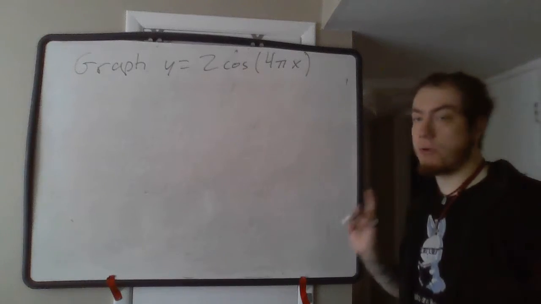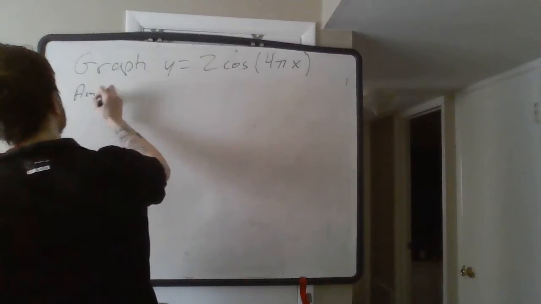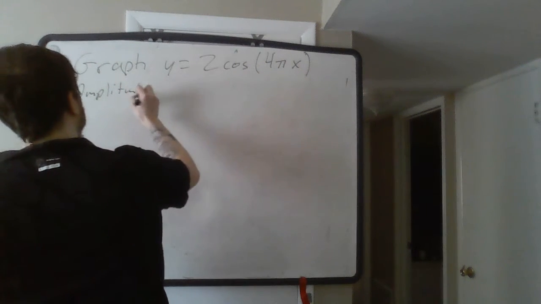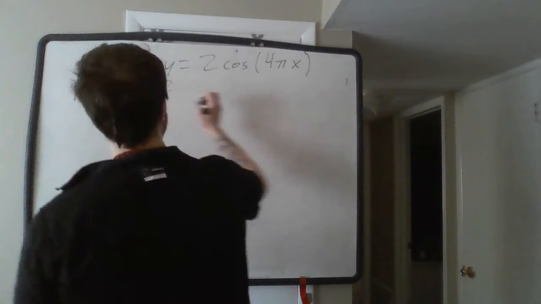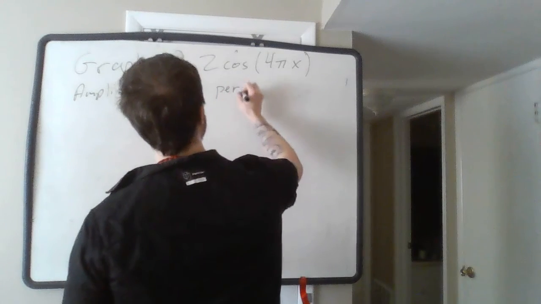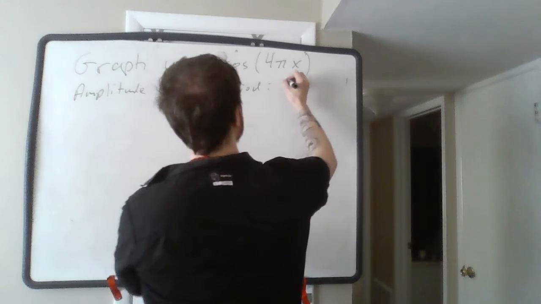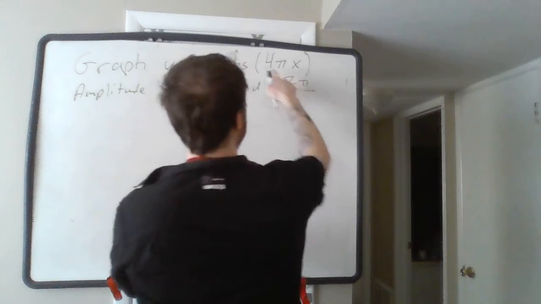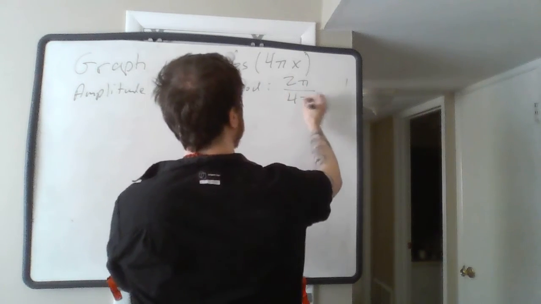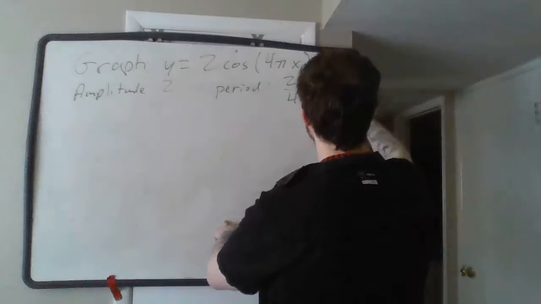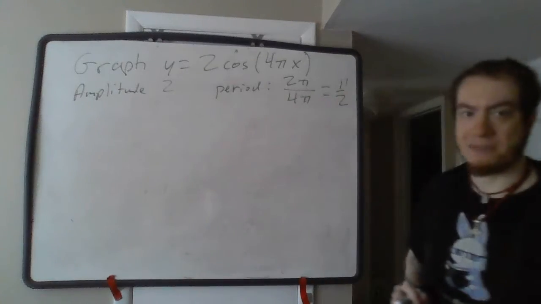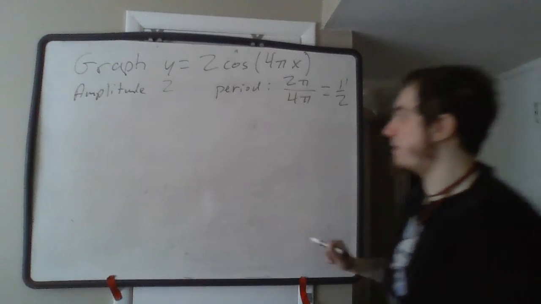Okay, the things that I'm going to note down here are that the amplitude, remember the amplitude is just this factor out front, is going to be 2. And the new period is going to be the original period of 2 pi divided by this 4 pi factor that is multiplying the x. Well, that simplifies to 1/2. So our new period is 1/2.